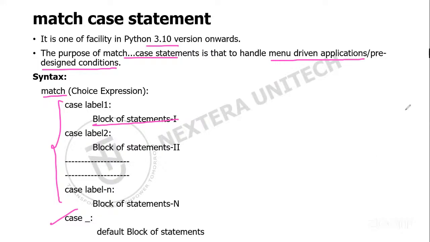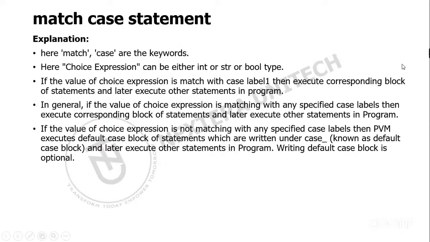Probably I'll show you the explanation so that you guys can catch up. Match and case are keywords, and the choice expression that we have next to match can be either int, str or bool type. If the value of the choice expression matches with the case labels, then the respective block of statements will execute, the same as whatever we have discussed.